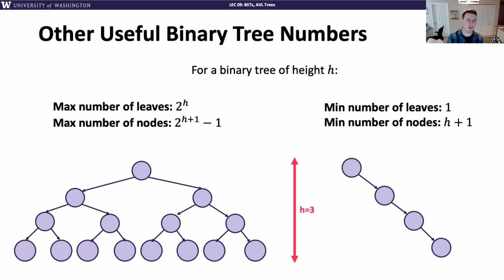On this slide, we have some numbers that are sometimes useful to just have in the back of your head when you're thinking about how you reason about tree heights, between these two extremes: a completely full tree of height h and a tree that's as empty as possible that still has height h. You can usually think about, what's the maximum number of leaf nodes that you might encounter?